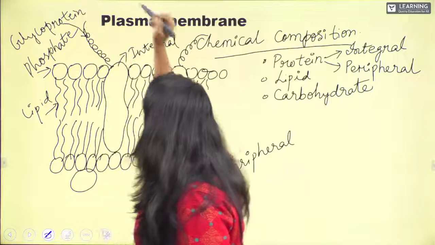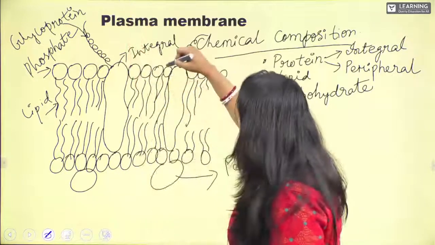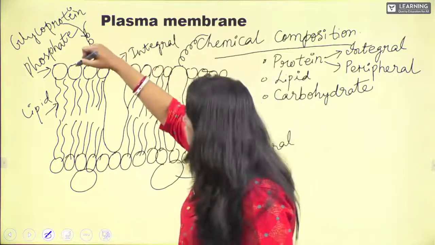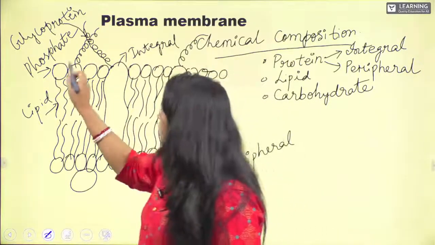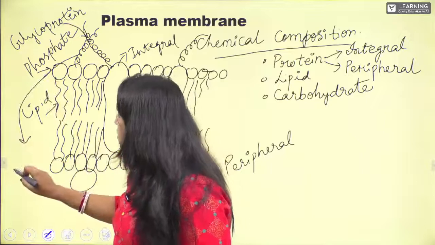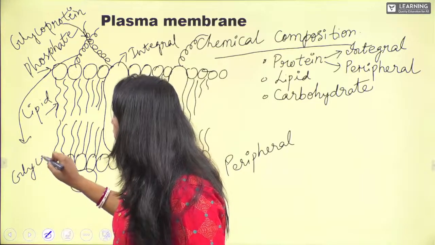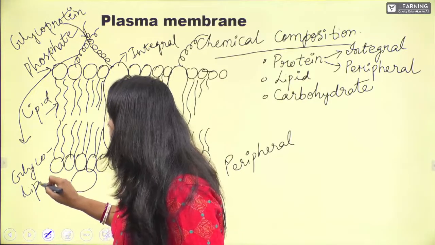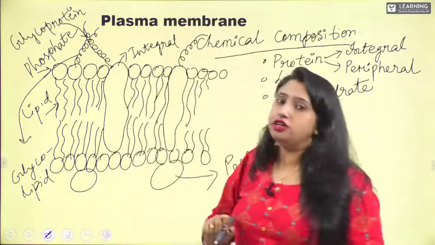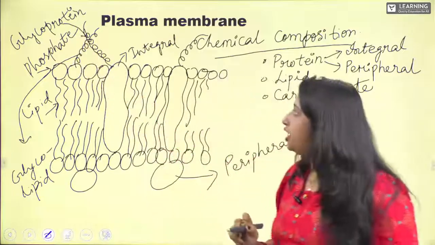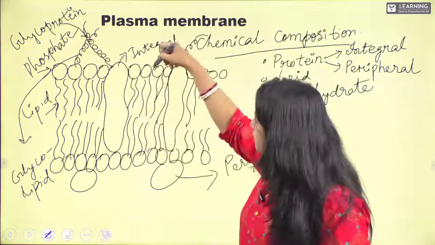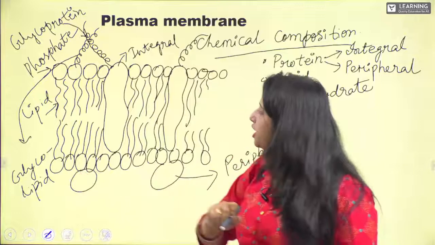When the sugar molecule is attached to the lipid, okay, this is the lipid, right? So it will be attached here, and it will be known as glycolipid, all right? So when the sugar molecule is attached to the protein, it is a glycoprotein, and when it is attached to the lipid, it is a glycolipid.